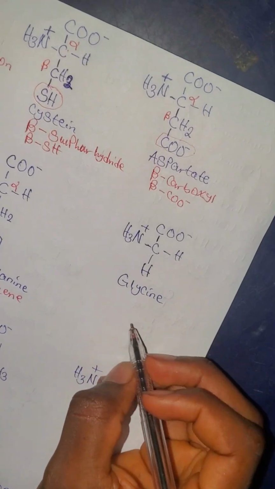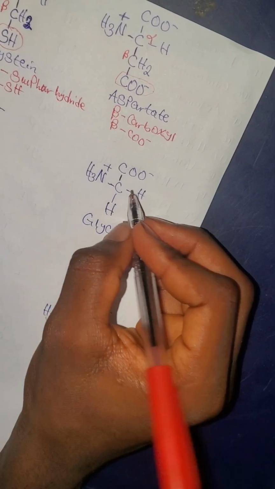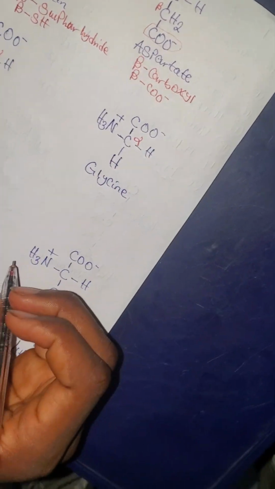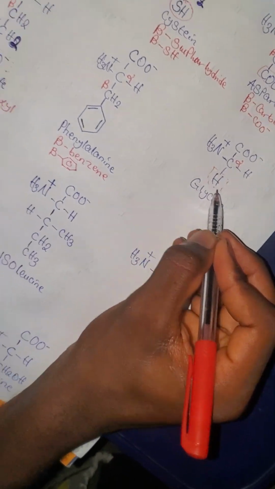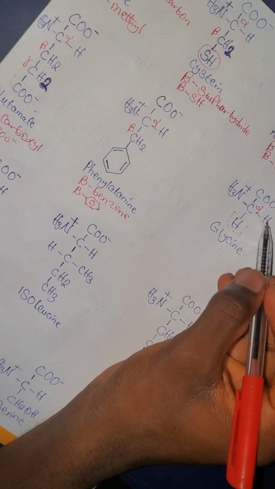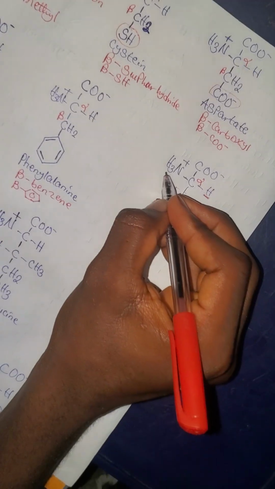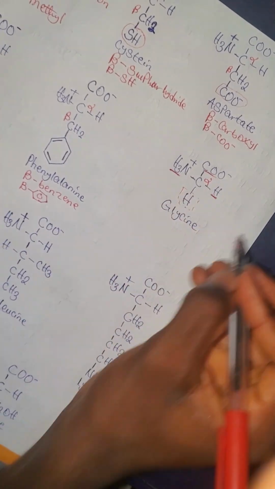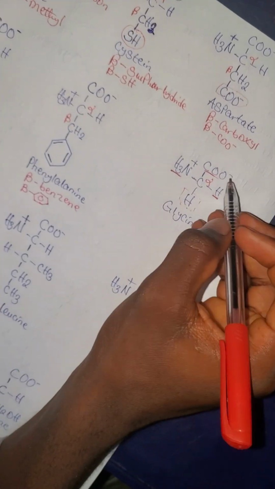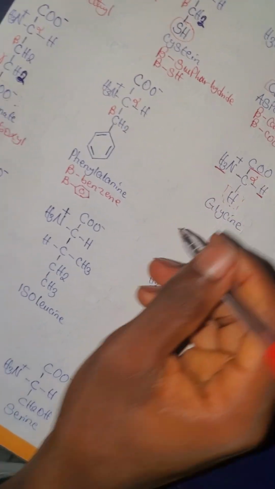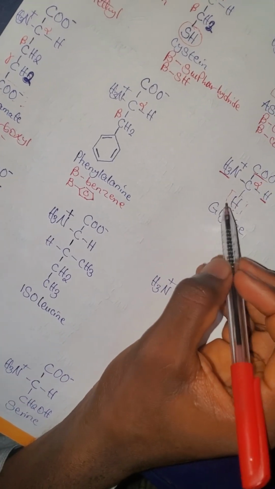We have another one. We have glycine. We have the alpha carbon here. On the alpha carbon we have this attachment. The reason why we are not considering the other attachments, the hydrogen and this other group, is because from the structure of amino acids we already know these ones are constant. The only thing that changes in the structure of amino acids is the side chain.